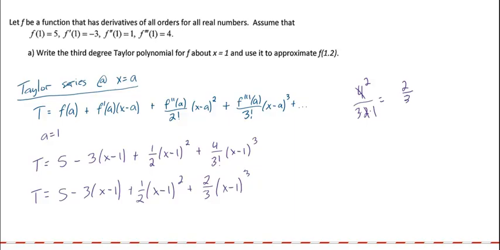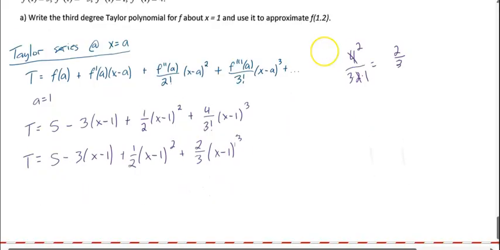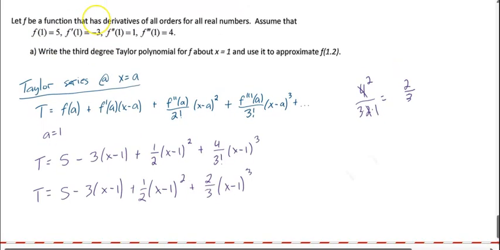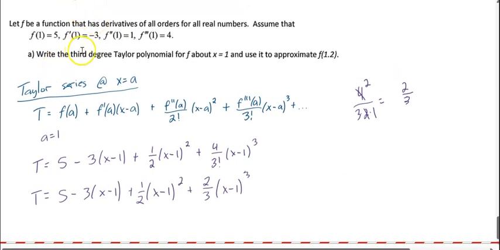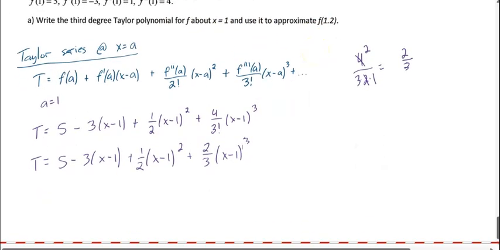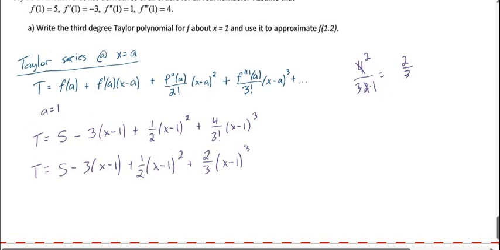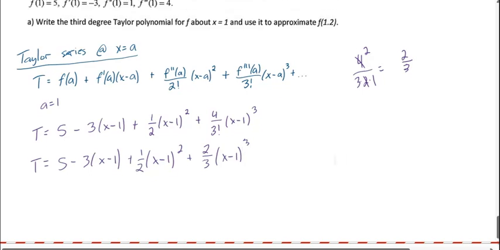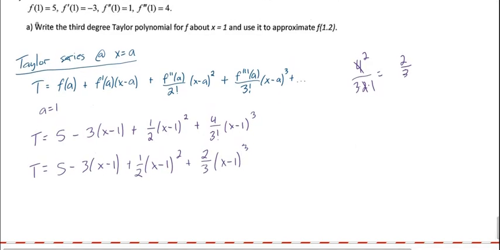Now we want to use it to approximate f of 1.2. And just a little plug, a lot of times, when we have a problem like an FRQ on the AP test, they'll ask two questions in one. So we want to find the Taylor polynomial and then we want to use it. This could have been broken up into an A and a B. So I want to use it to approximate f of 1.2.